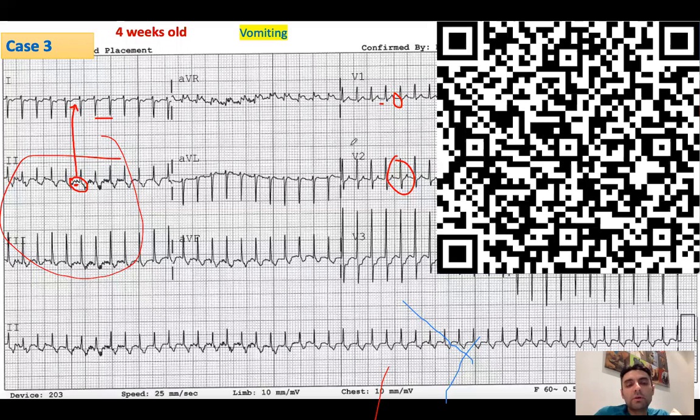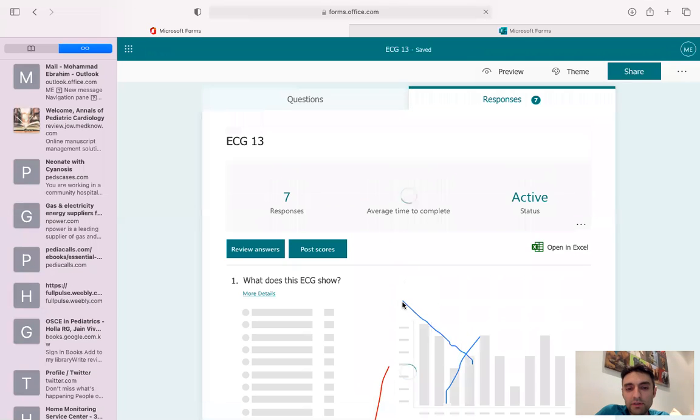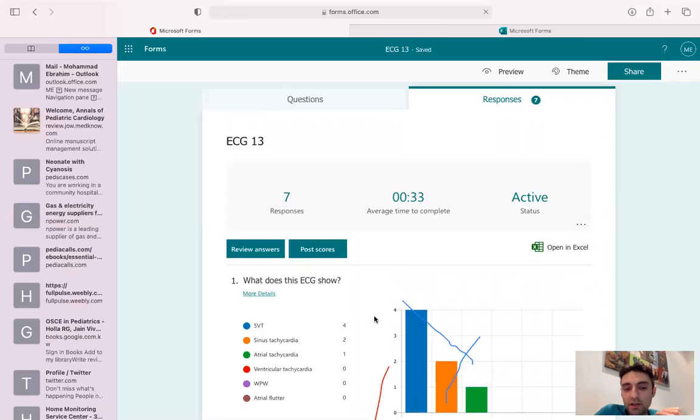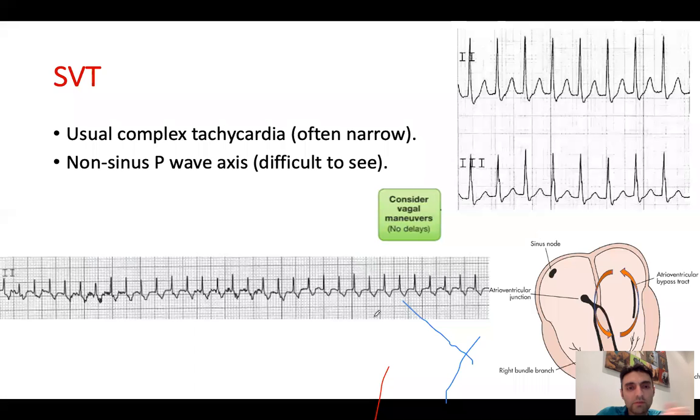So the answer is SVT. Most of you said SVT anyways, so that's good. Sinus tachycardia you should be thinking of, but it was not the case here.